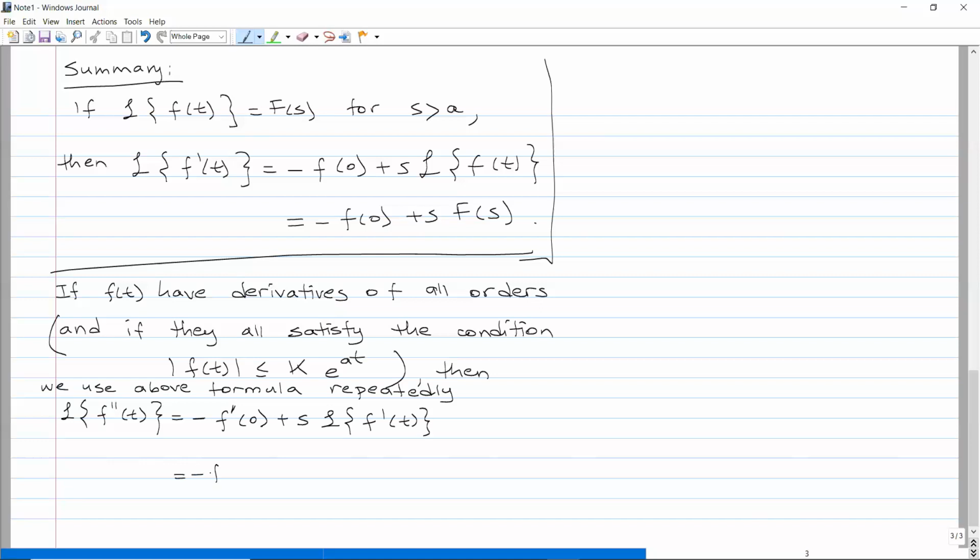But again, by the above formula, Laplace transform of f prime is minus f of 0 plus Laplace transform of f. So we have minus f prime 0 minus s times f of 0 plus s times capital F of s.